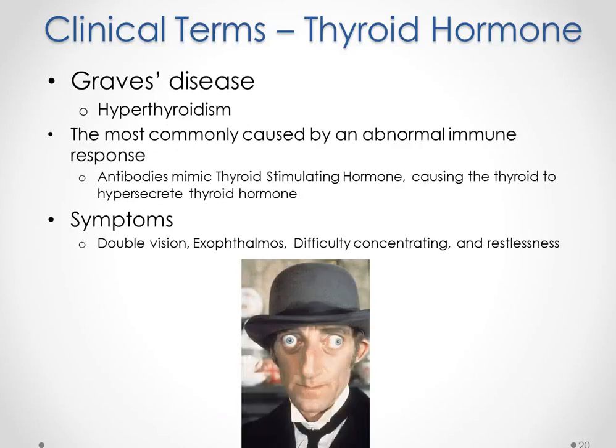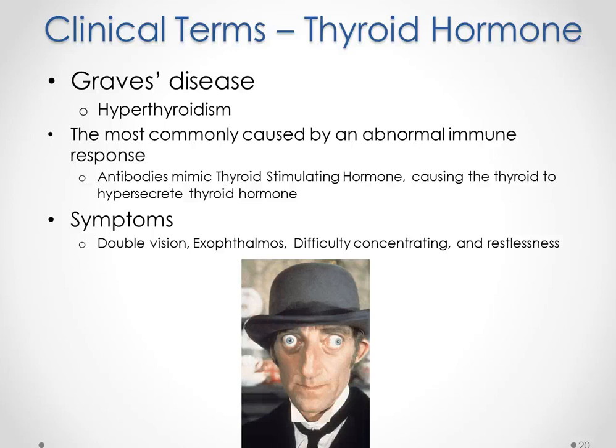The next clinical case is called Graves' disease, and this is a type of hyperthyroidism, so the body's producing too much thyroid hormone. Graves' disease is an autoimmune disease where the antibodies that normally ward off bad substances that get in your body turn and start to attack the body itself.